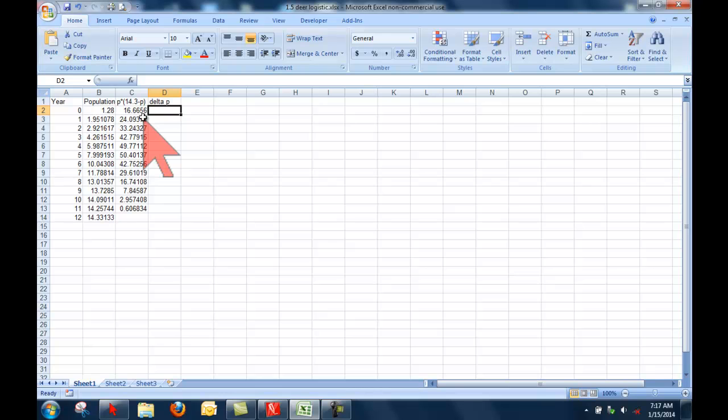So there really isn't anything to put in the first cell. Yeah, actually there is. It's the last cell, but there won't be. So here I want this value, p sub 1 minus p sub 0. And drag that down.